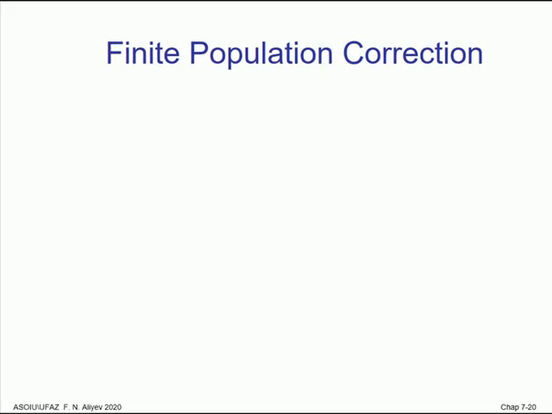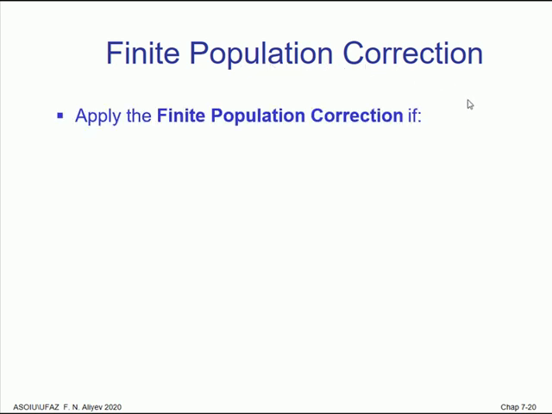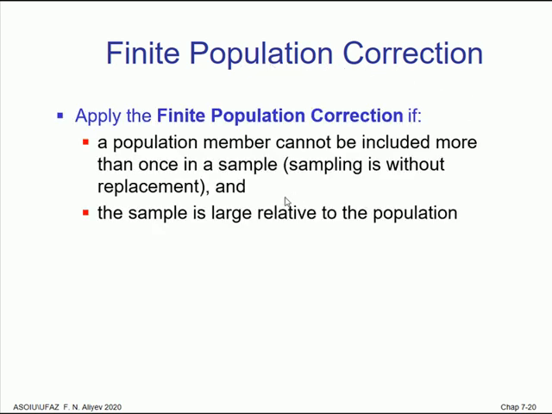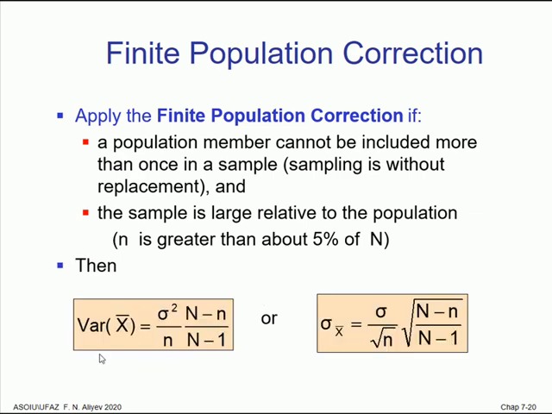If the sample size is greater than 5% of the population size, we can use the finite population correction. What is it? If the sampling is without replacement and the sample size is large relative to the population, that is n greater than 5% of N, then we calculate the variance of sample means using this formula, and the standard deviation of sample means using this formula.